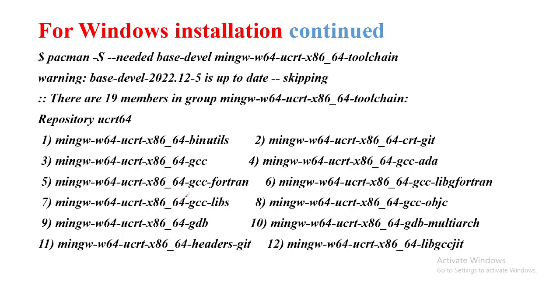You don't have much to do here, but see what it needs in order to run properly, and it will ask you whether you want to install them: GCC, GCC part1, GCC lib, GDB, and all that.